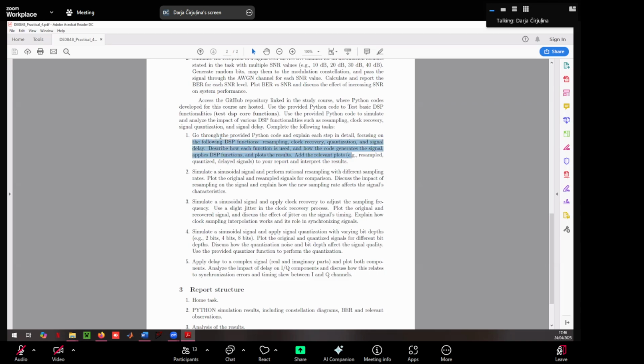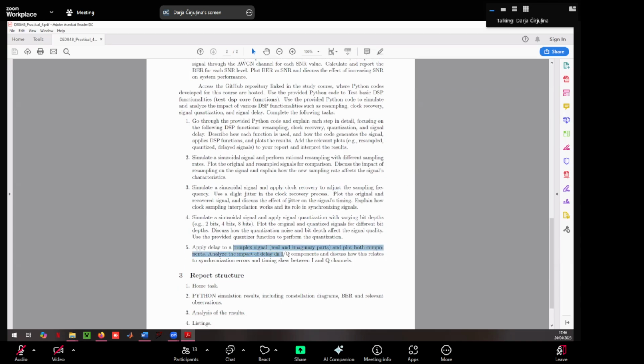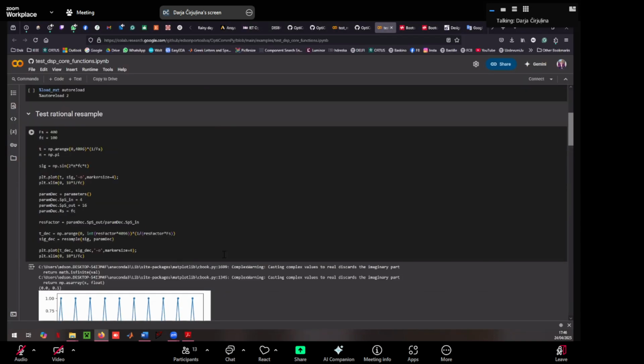The first one is to describe the code, so I can see that you understand what you are working with, and some tasks regarding the different impairments: quantization, clock recovery, and some delays for I and Q components. So this is it for the practical work, I believe.